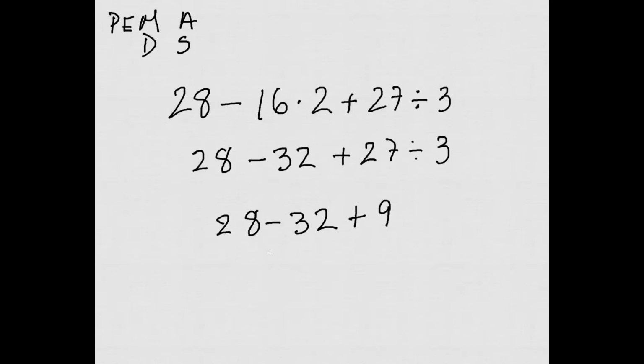From left to right, the first one is the subtraction. 28 minus 32 is negative 4. And after subtraction, it comes addition. Negative 4 plus 9 is positive 5. And this is the result of this scenario.